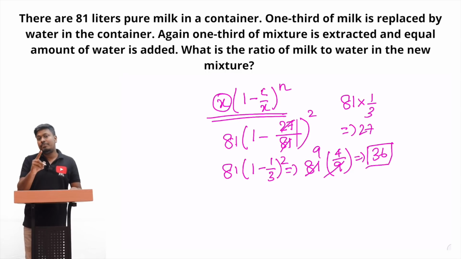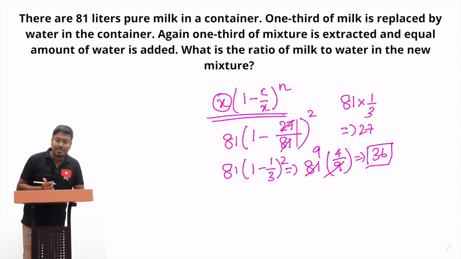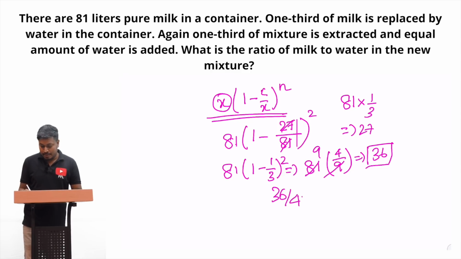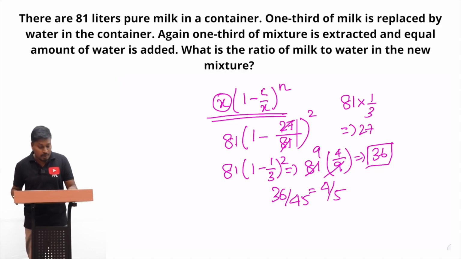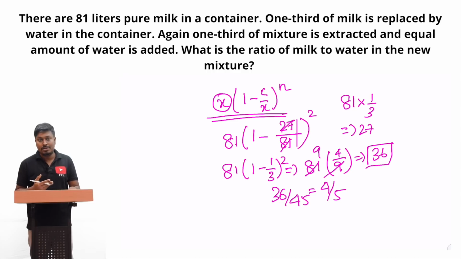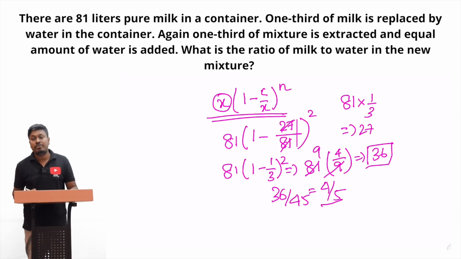So out of 81, if 36 is milk left, then the remaining will be water. Our target is to find the ratio, right? So 36 divided by 45, 36 by 45, we can cancel, 4 by 5. So this can be written as the ratio of milk and water. They're asking the ratio of milk to water, so the ratio will be 4:5.